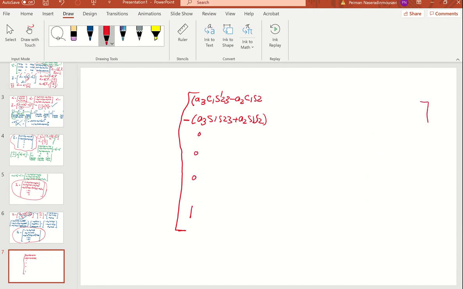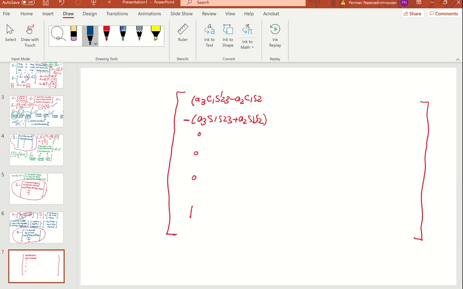Let me move a little further. And the same here, I'm going to do the second line. So this was what? This was J1. That's right. Now the second is minus S1 A3 cosine 2 3 plus A2 cosine 2.